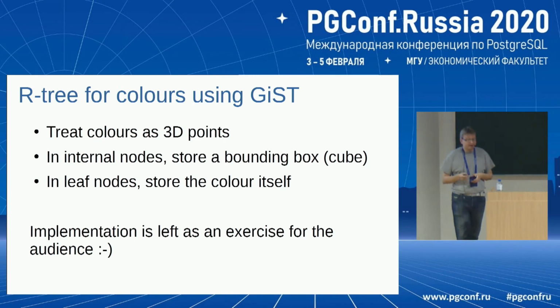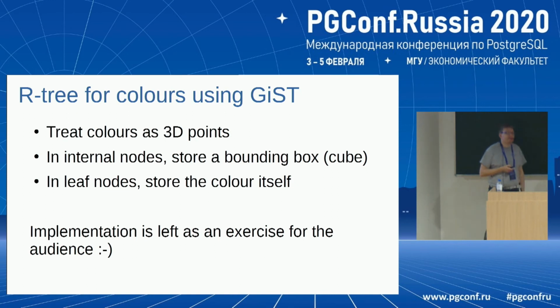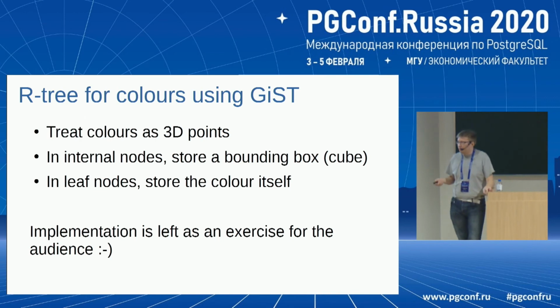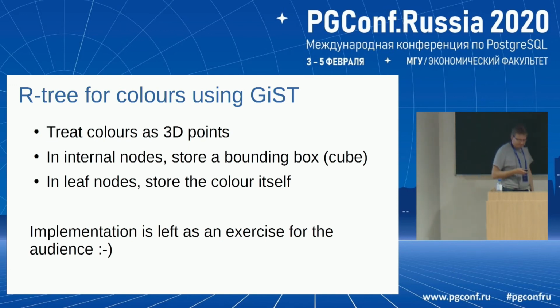I didn't actually implement this, but there is a 3-dimensional R tree implementation in the Postgres source tree. In contrib, there is a cube module that pretty much does this, so you could copy-paste that implementation very easily. Or you could just use the cube data type itself to store your colors, which would perhaps be simpler. But the point is that you could do this if you wanted to.